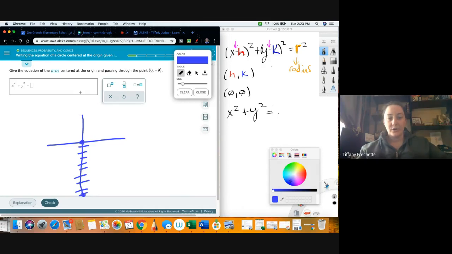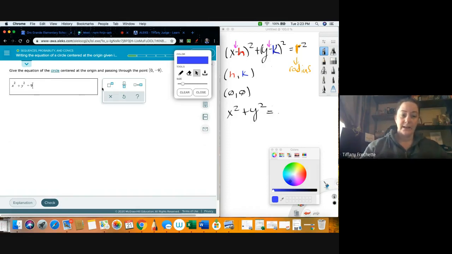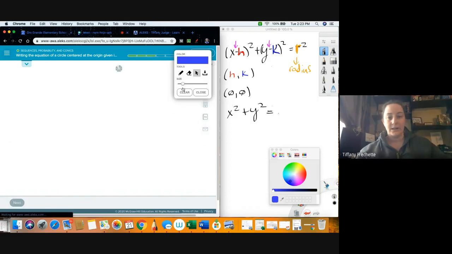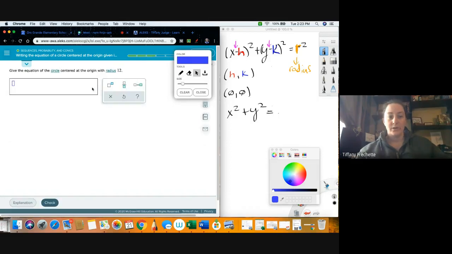But it can also be 9 points above, 9 points to the right, 9 points to the left. Just because it says negative here, we don't grab the negative. What we're looking at is how far away it is from the center. It's 9 units away from the center, so we focus on that 9. We can put 9 squared like we did last time, or you can do 81. It'll take it either way. All right, check.